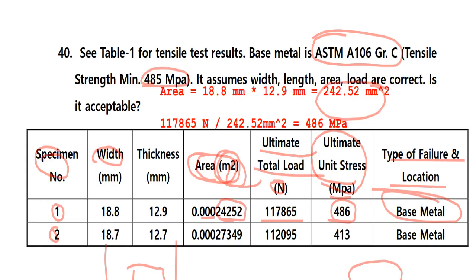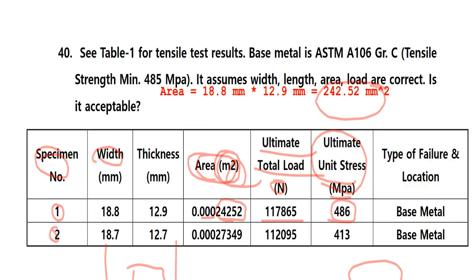So this specimen number 1 is acceptable because the tensile strength value is 486, but the acceptance criteria for ASTM A106 grade C is 485 MPa. So the tensile test value is greater than this minimum tensile strength value for ASTM A106 grade C. So specimen number 1 is acceptable. Let's do specimen number 2.